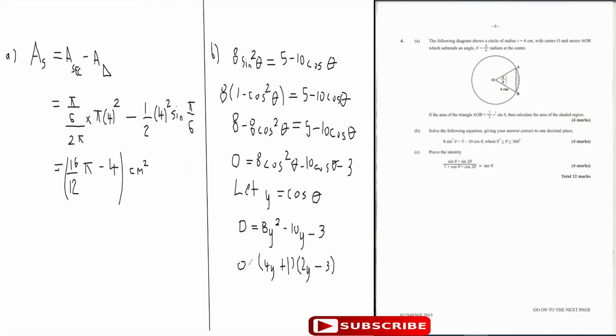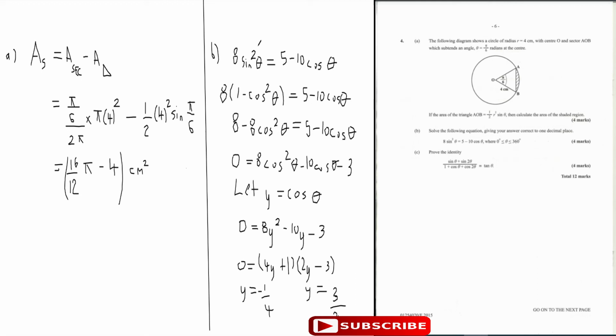And so from this, we're getting that y is equal to minus a quarter. And from this, we're getting that y is equal to 3 over 2. Now this one has no solution.